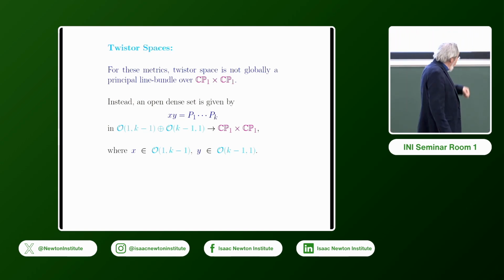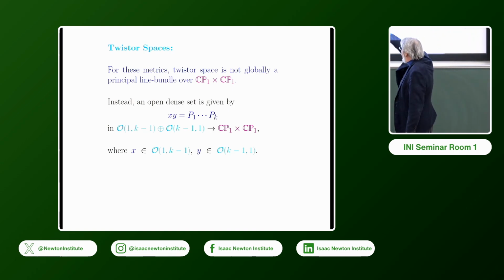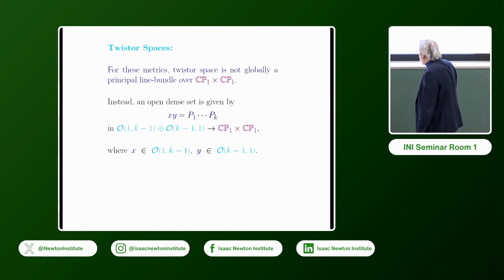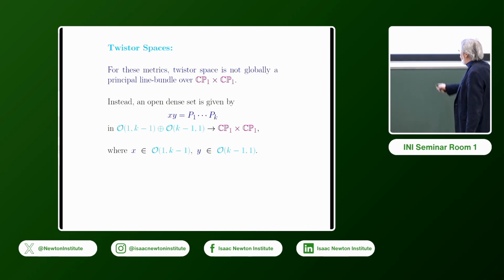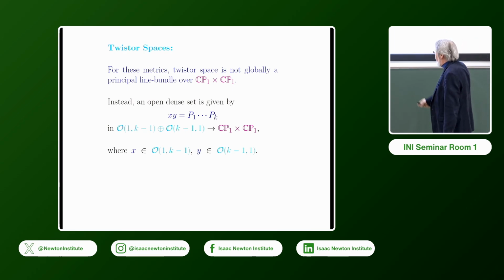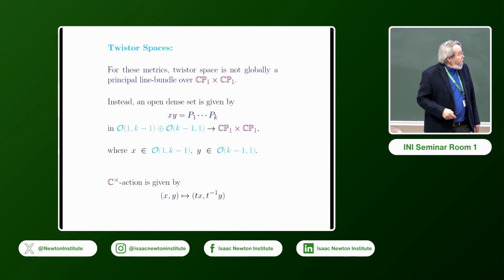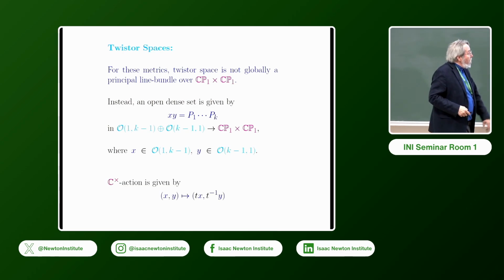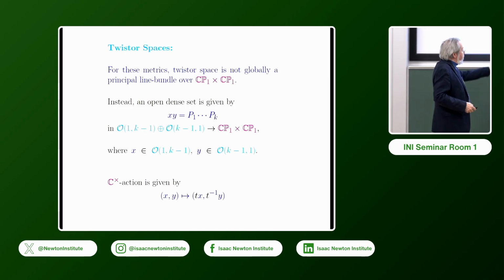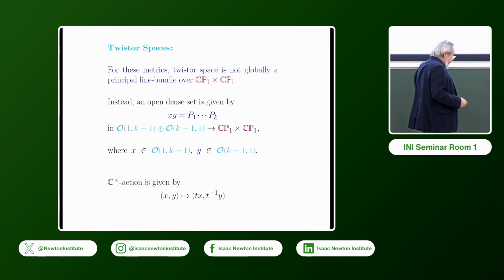Now the point is that if you're away from the vanishing of P1 through Pk, so if you're off the union of those mini twistor lines, this really does have a structure like a principal C-cross bundle, because you can just scale x by t and y by t inverse, and that's a free C-cross action.